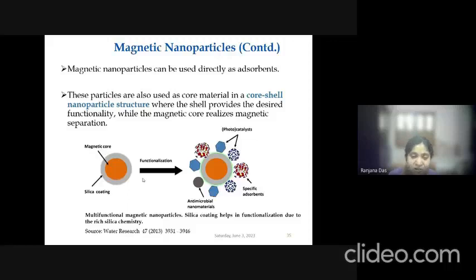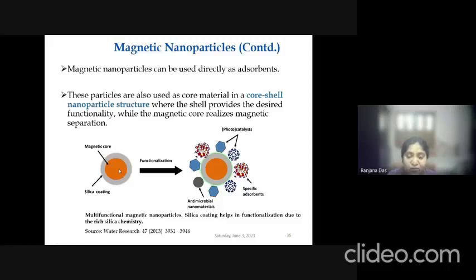And with this magnetic material, like dendrimers, we can use not only the dendrimers, we can use some other silica coatings. Silane can be used, silica coating can be used, any materials can be coated on the magnetic core. The magnetic core is basically the magnetic material, and over this we are coating different types of materials, and we are using this for contaminant removal.